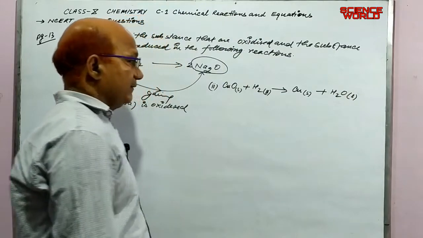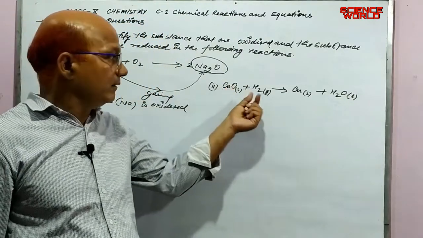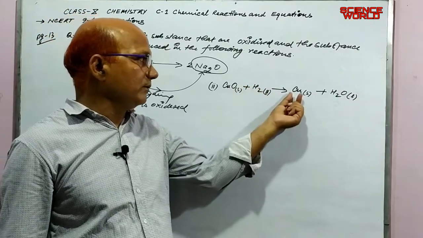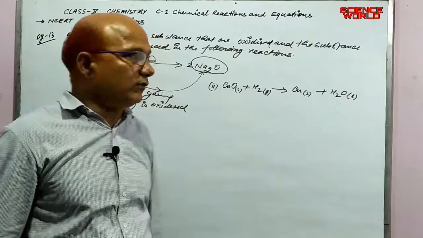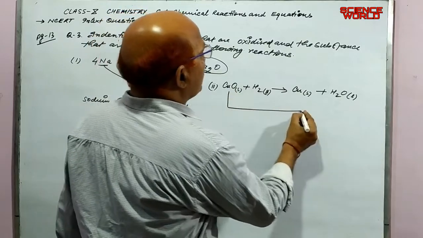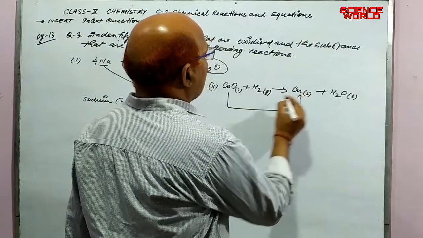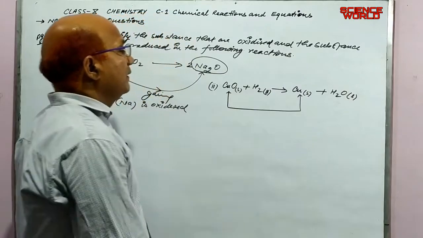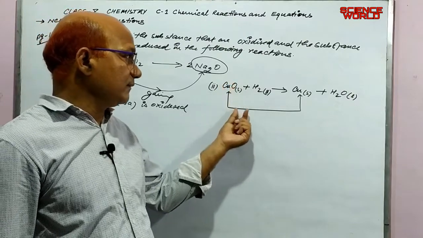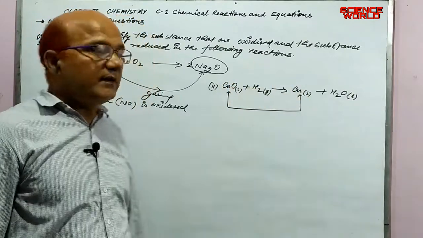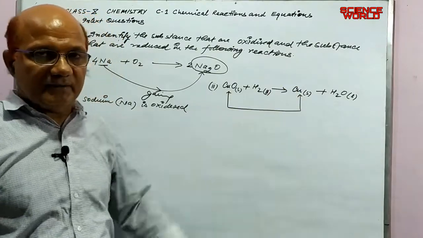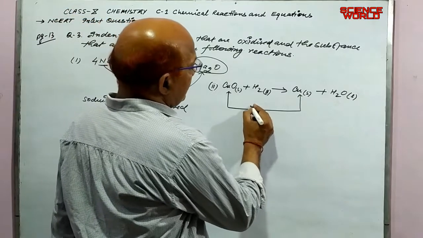You can see here copper oxide reacts with hydrogen, it forms copper plus H2O, that is water. You can see what is happening here. Actually, CuO is converted into Cu. It means there is loss of oxygen. Here loss of oxygen is taking place. It means there is reduction.